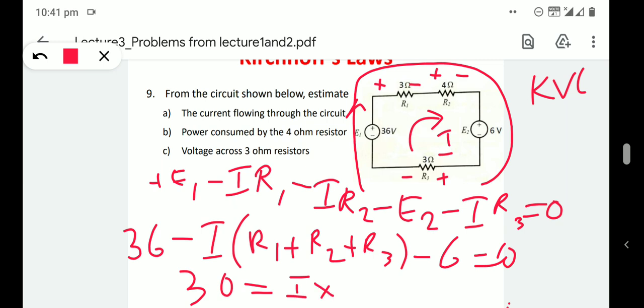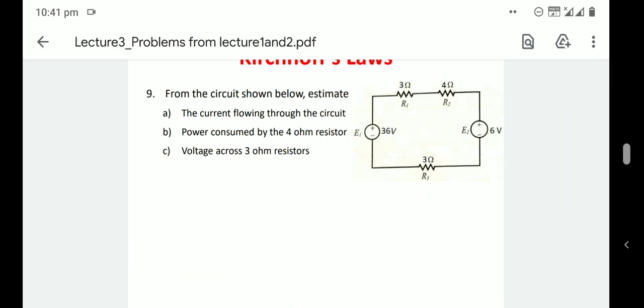R1 plus R2 plus R3 is 3 plus 4 plus 3, which is 10. So I is equal to 30 divided by 10, which is 3 amperes. So current is equal to 3 ampere.